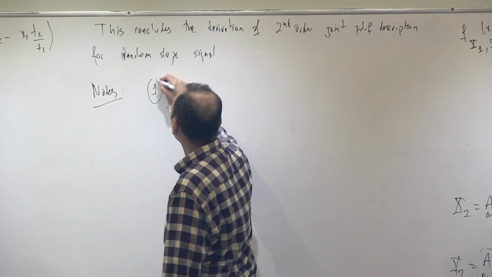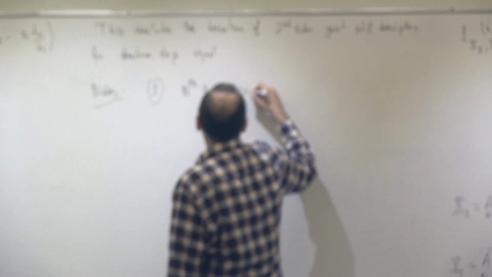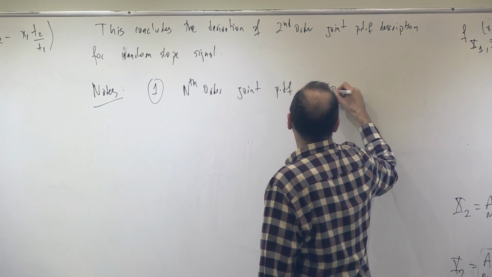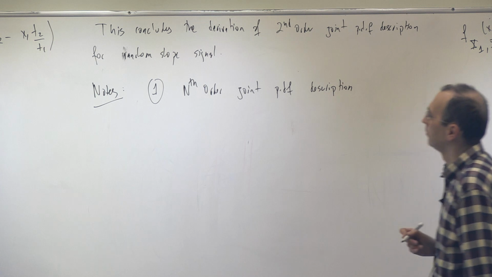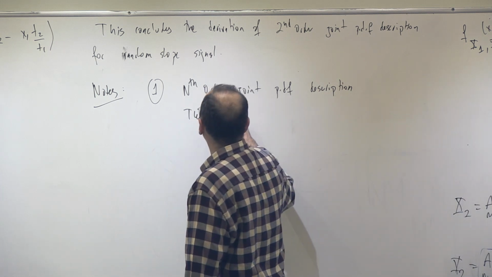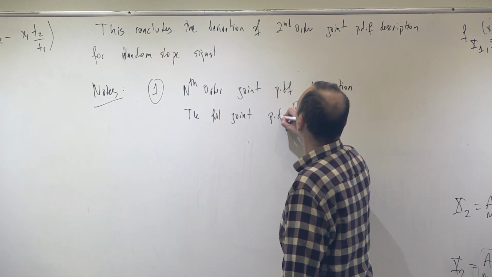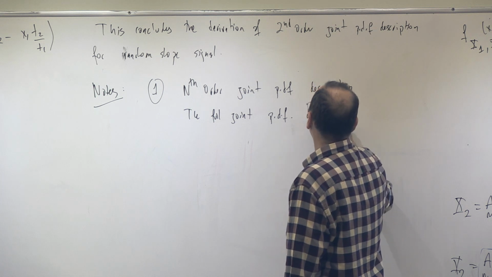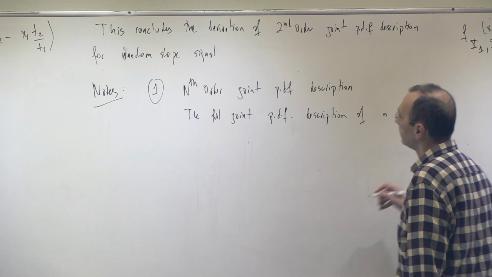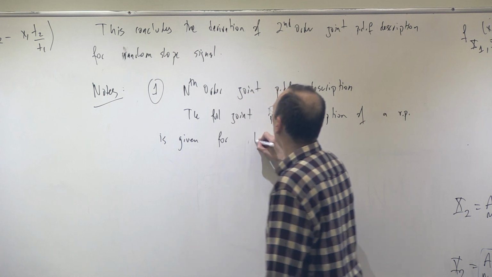Note number 1. Nth order joint p.d.f description. The full joint p.d.f description of a random process is given for, let's say, n samples.